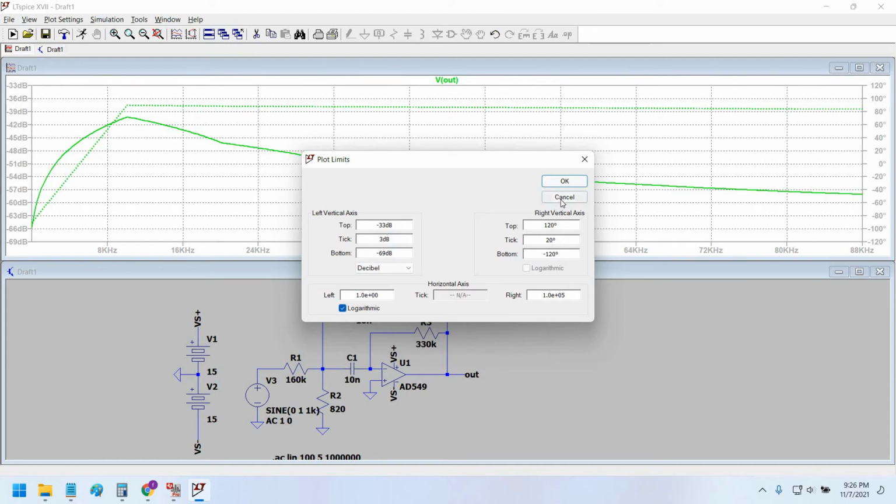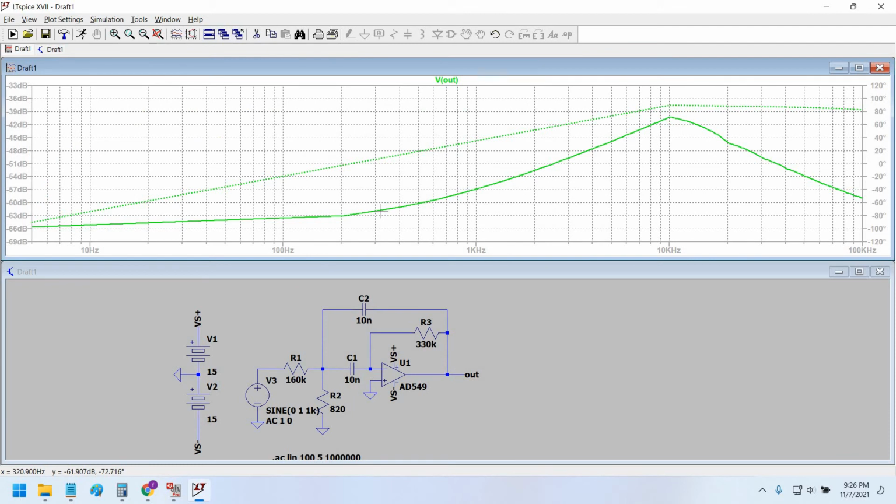Horizontal axis, let's take to be logarithmic.